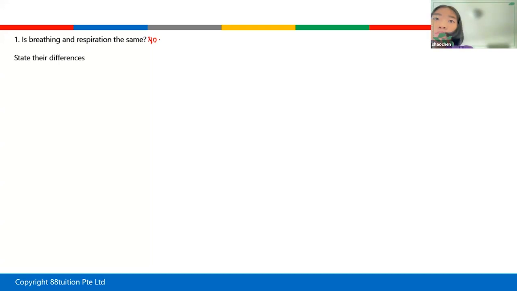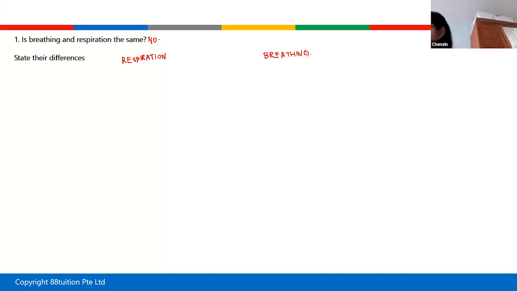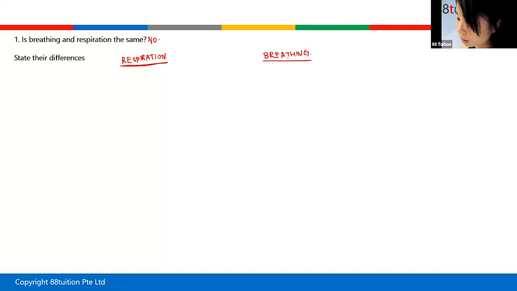What is breathing? What is respiration? Respiration is the process, the chemical reaction in which the body uses oxygen. You cannot read directly from the slides. Put it in your own words.